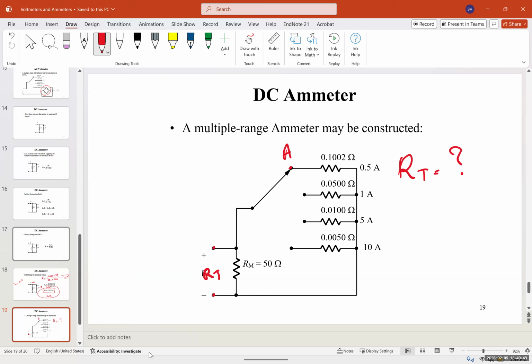50.1? Who says it's 50.1? What did you get? 0.003.